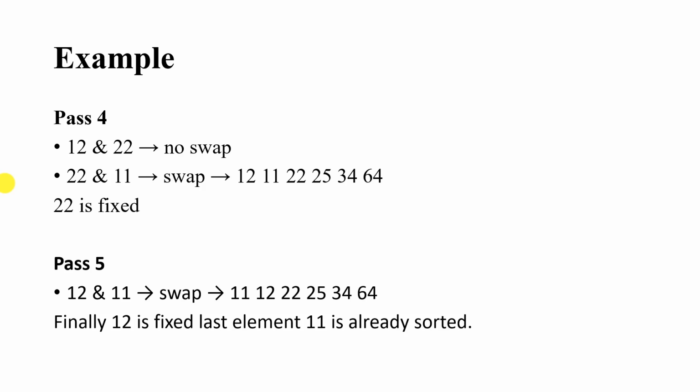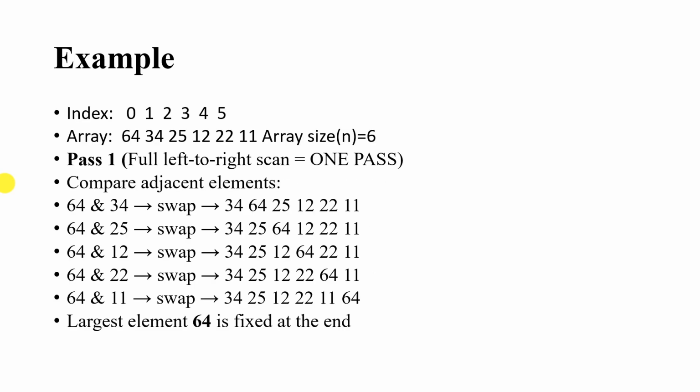So what did you observe in this working principle? When we go back to the start of the example, we have taken 6 elements. How many passes have we processed so far? 5 passes. So if the array size is n, there will be n minus 1 passes.